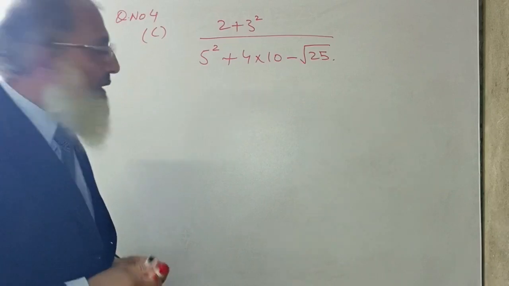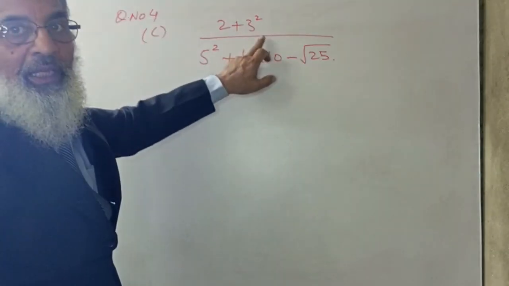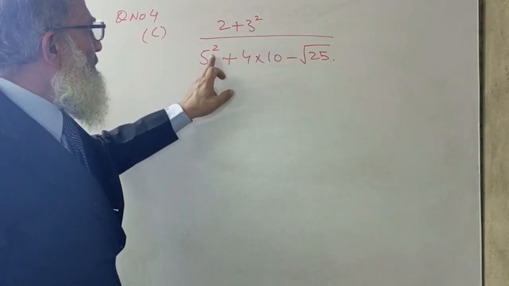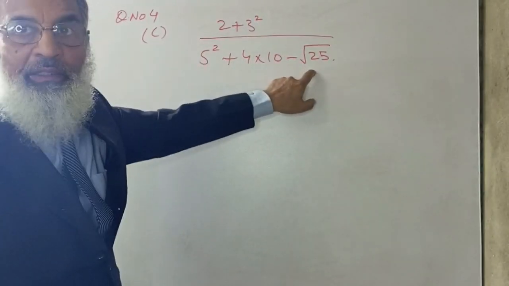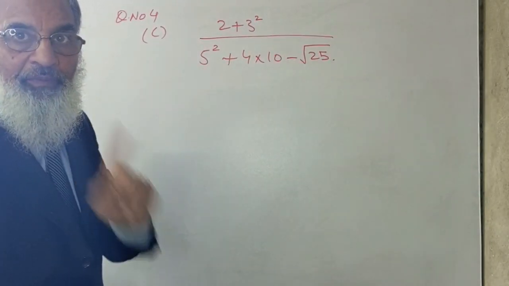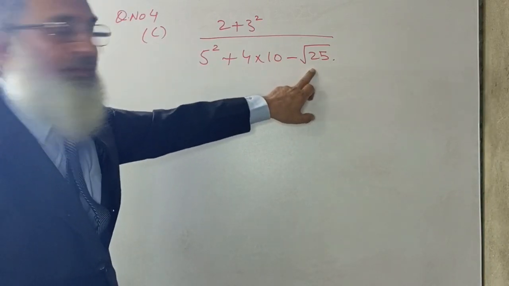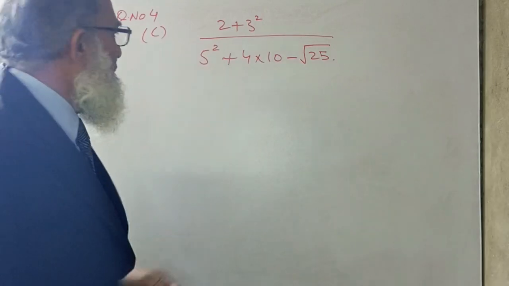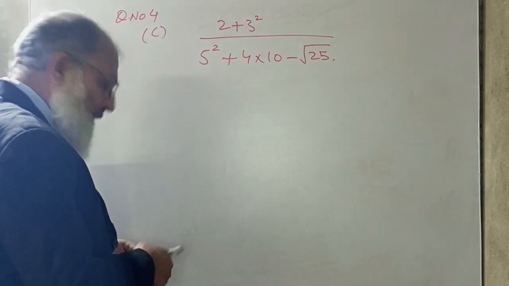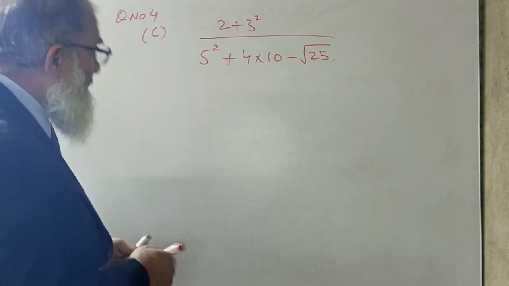Now you see, again we have come up with 3 powers: 1, 2 and 3. Mind it, and remember it, this is half power, this is square, and this is again square. So we will get rid of these in the very first step.